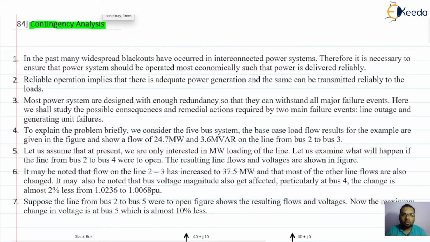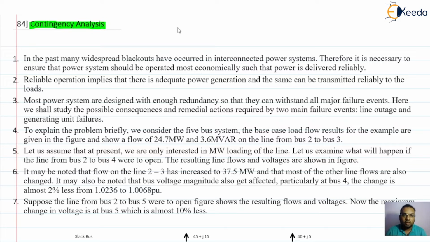The first one was the definition of the contingency. The program we are using to perform the contingency analysis will predict the number of contingencies which are possible, and it will give that list. In the second step, the program has to select the contingencies which are more severe from that list.